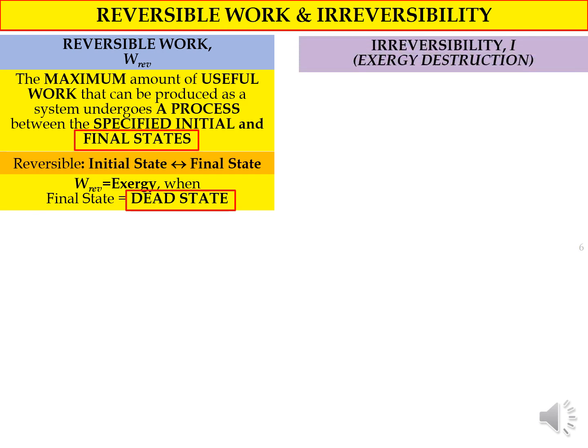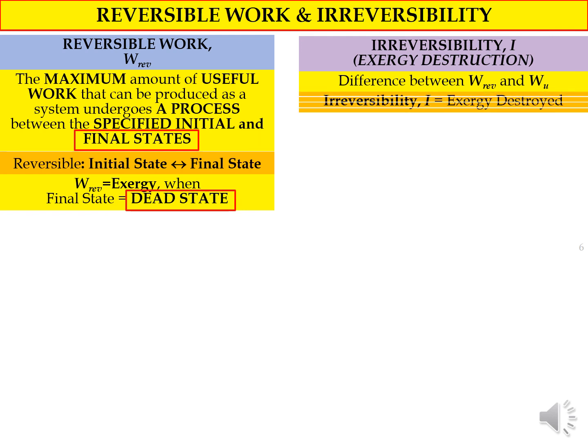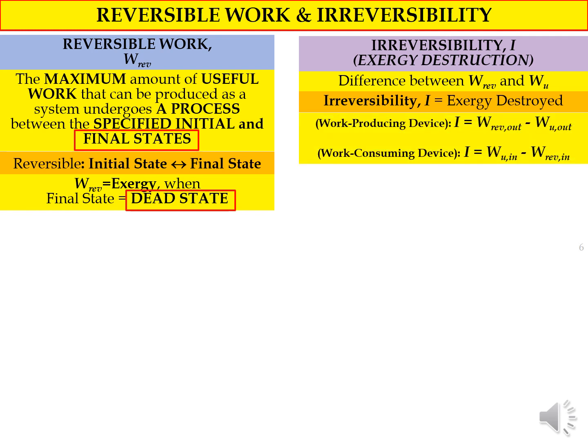Irreversibility, or exergy destruction. What is exergy destruction? It is the difference between reversible work and useful work. So irreversibility I is equal to the exergy destroyed. The exergy that cannot be reversed is the irreversibility, and it is the exergy destroyed.